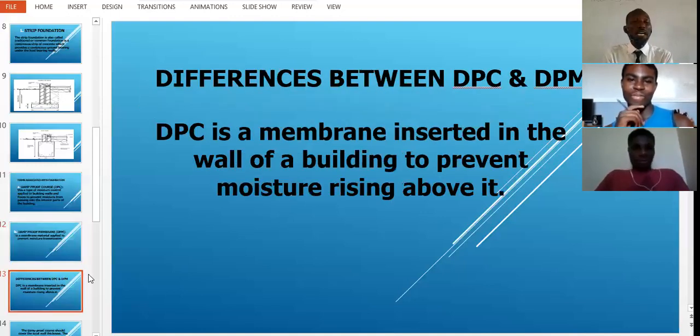Now we look at differences between DPC and DPM. Now, DPC, we say, is a membrane inserted in the wall of a building to prevent moisture rising above it.